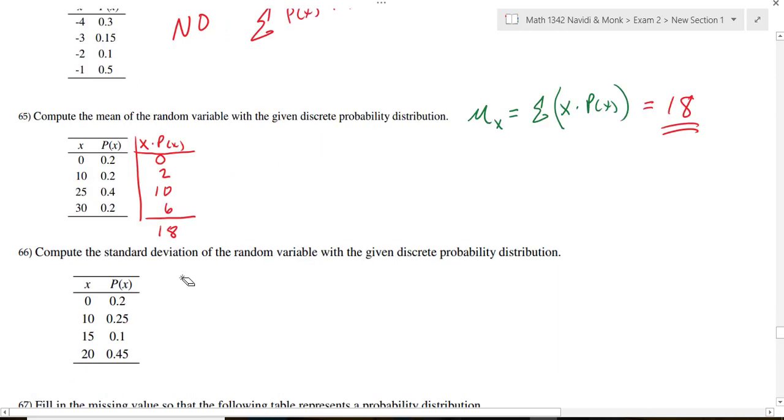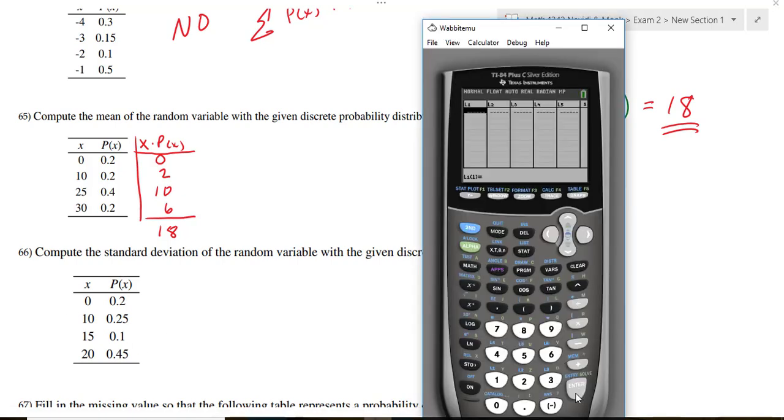18. Now to get the standard deviation, I'm not going to do this by hand. I am going to go to my calculator and put these data into the list. So I hit stat, enter, and type in my data. You put your x's in list 1, your p of x's in list 2, and then you're going to go back to your home screen. Once you do that, we're going to hit stat, go over to calc.